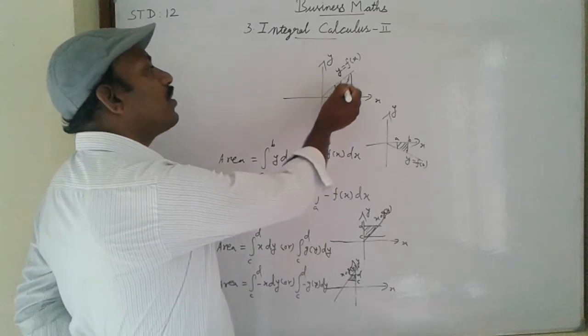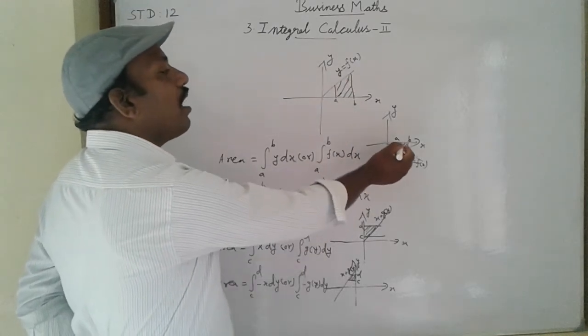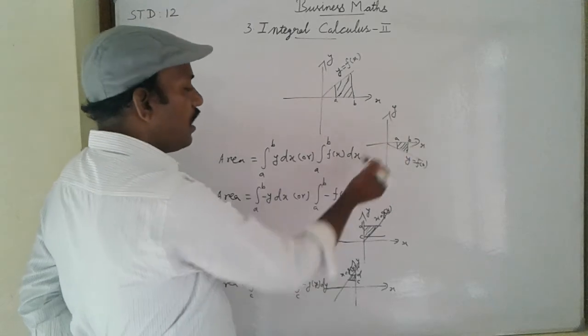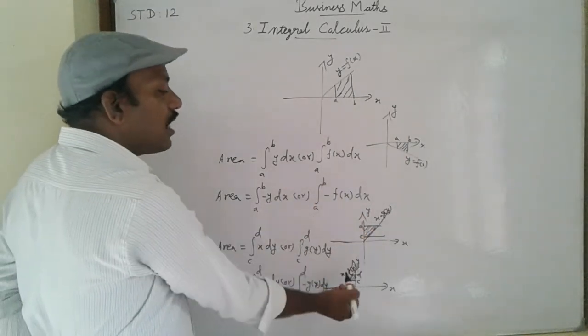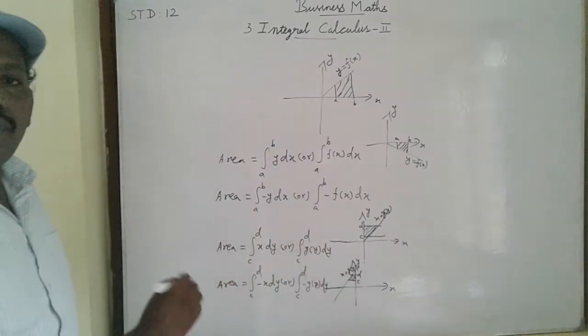So there are four area formulas here. First is above the x-axis, next is below the x-axis, next is the right side of the y-axis, and next is the left side of the y-axis.